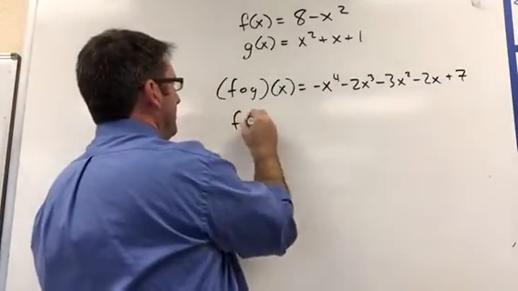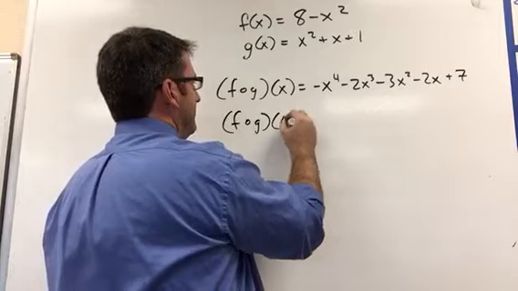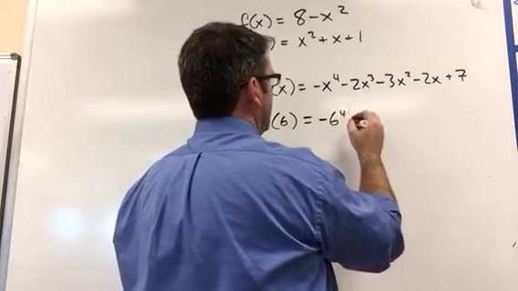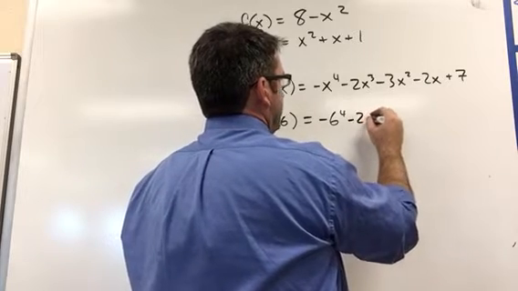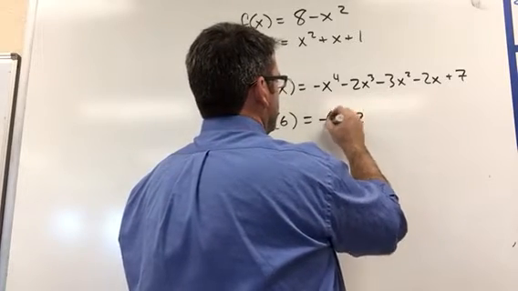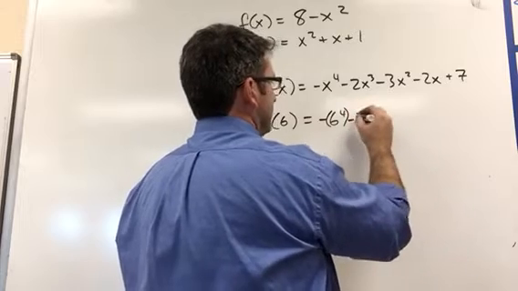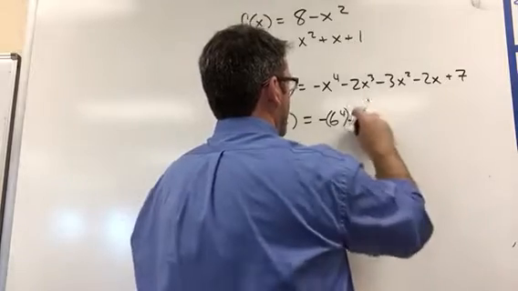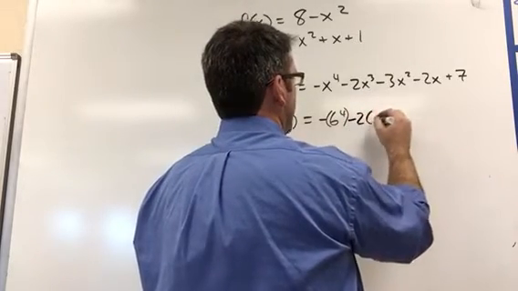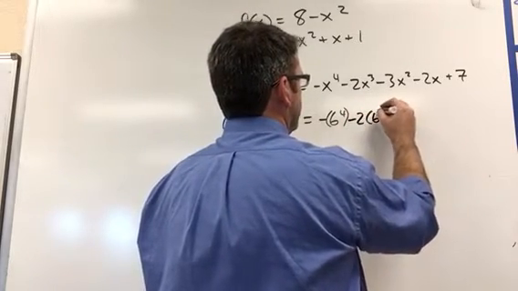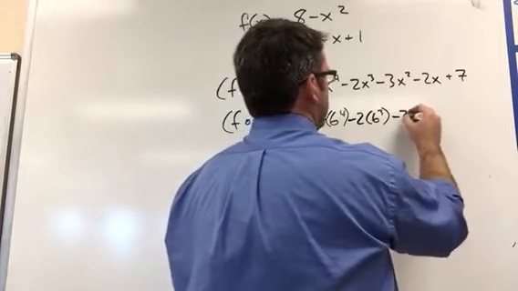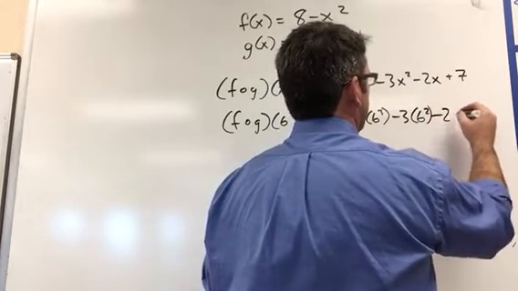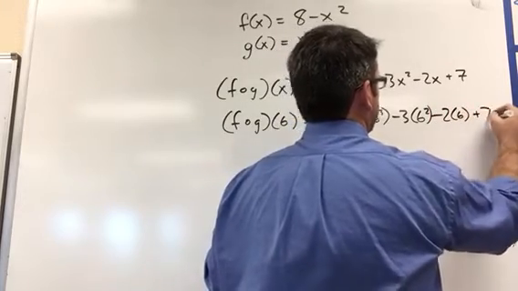So f of g of 6 is going to be negative 6 to the 4th minus 2 times 6 cubed minus 3 times 6 squared minus 2 times 6 plus 7.